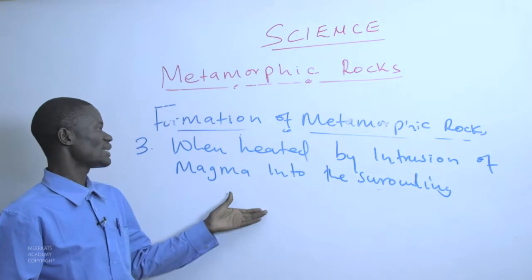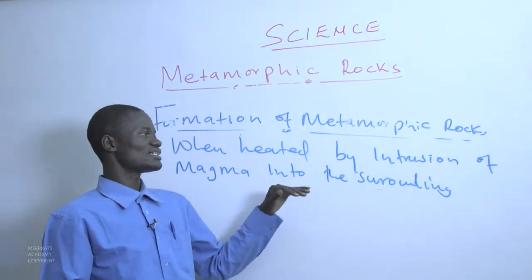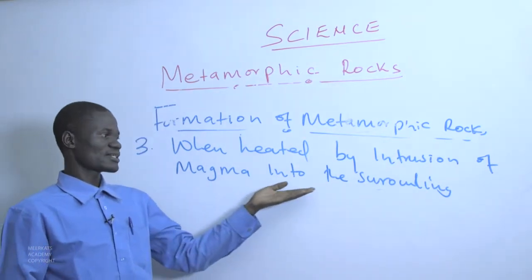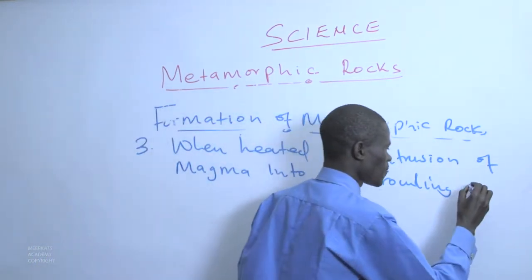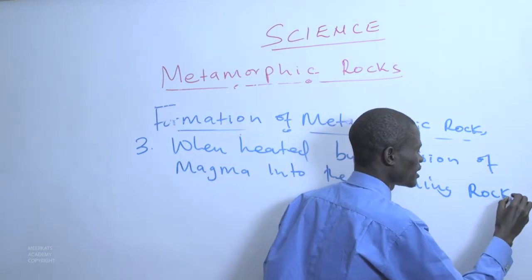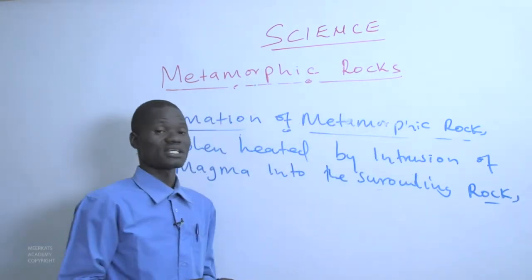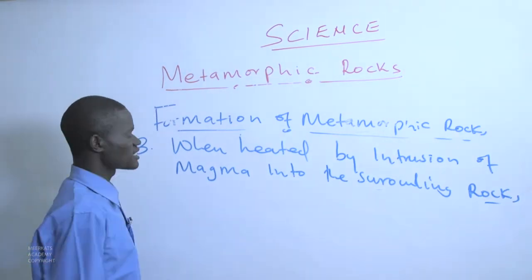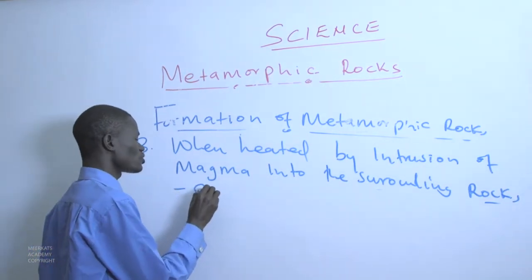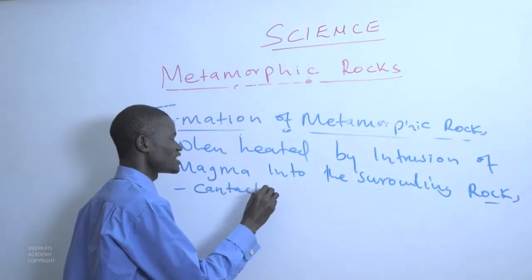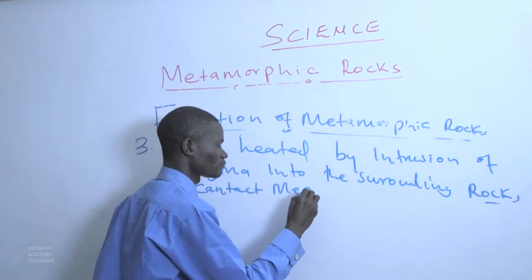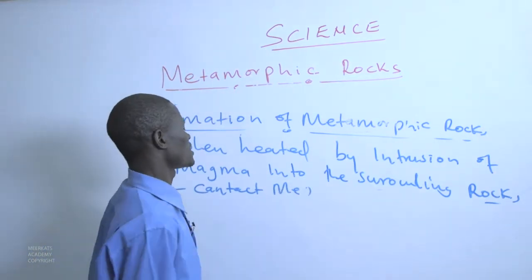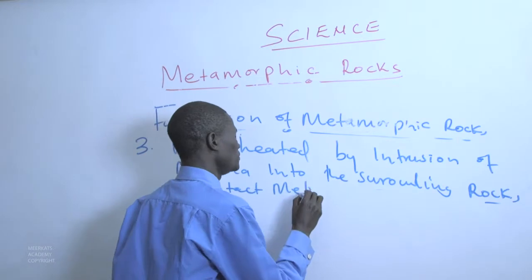When the magma is heated and then it is actually intruded into the surrounding rocks, and those surrounding rocks are already known as igneous or sedimentary rocks on the earth, this will result in a process that is known as contact metamorphism.